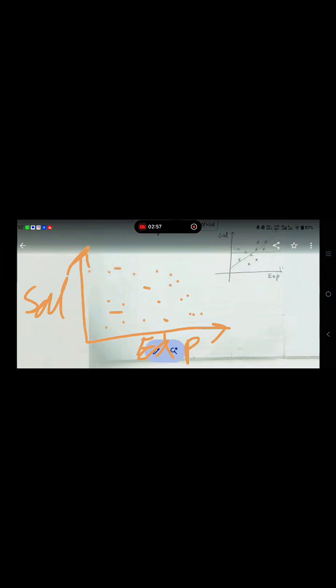Now if, for example, you put a line which is average or mean, then this is the line which is called the mean line. Please understand, this is the line which is called the mean line.